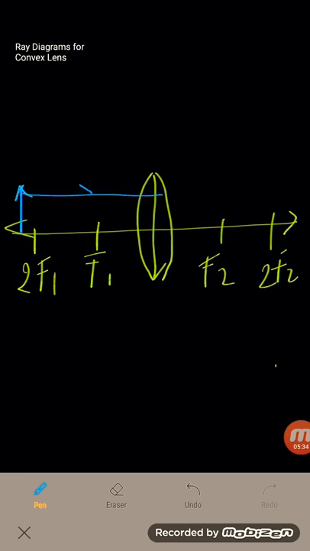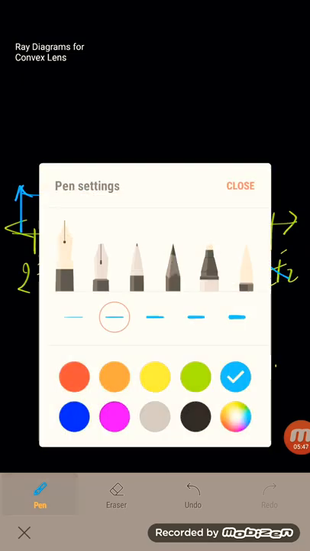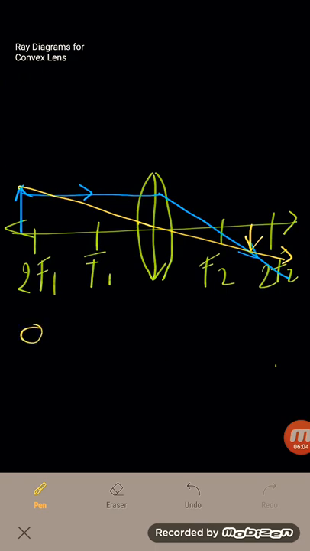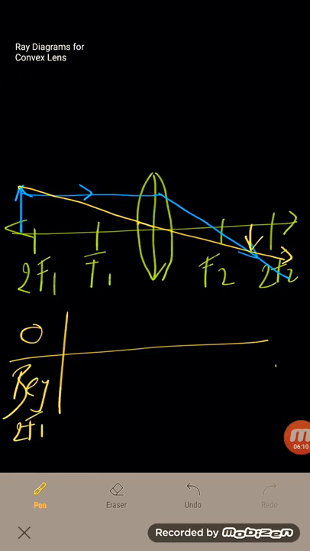There's a ray of light parallel to principal axis, it passes through f2, right, and the next one is passing through optical center. Okay, it will meet somewhere between f2 and 2f2, right? So if the object is beyond 2f1, the image is between f2 and 2f2.